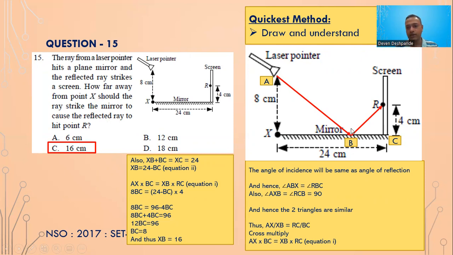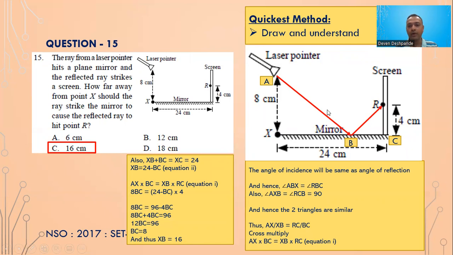The ray goes like this, it hits here at point B and it goes and hits R. Let this point be A, this point be B, and let the point where the screen touches the ground be point C. Now you note that there are two triangles, AXB and RCB.